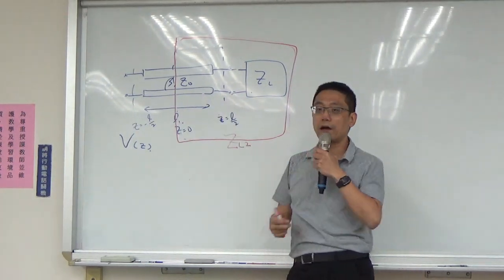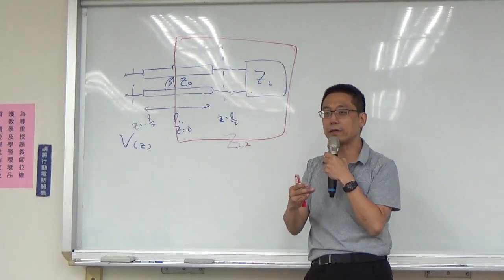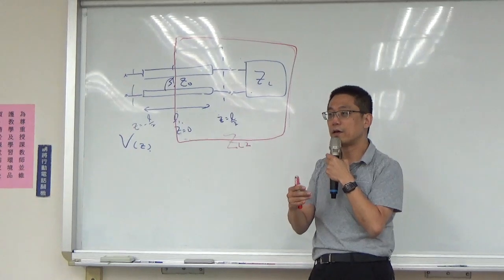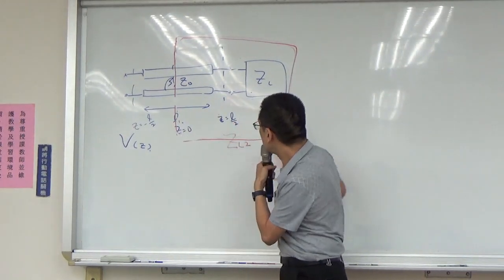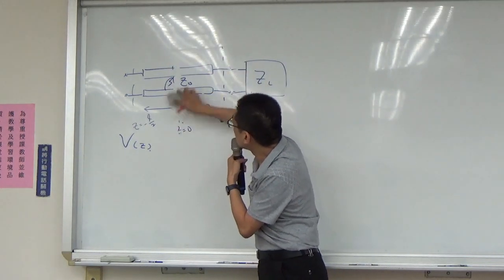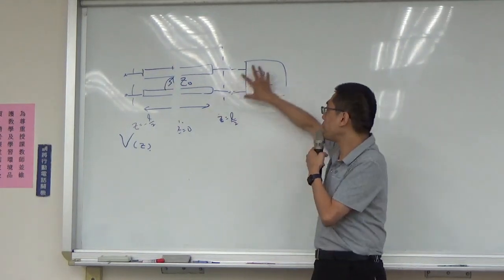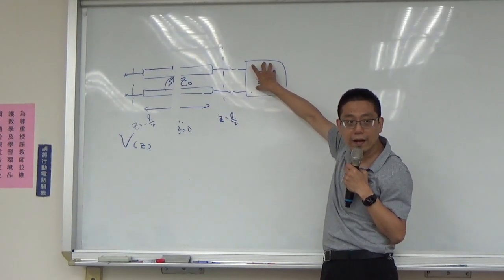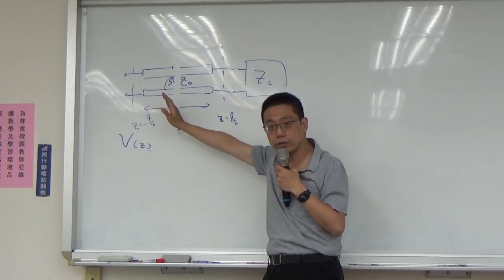It depends on how I define it. For this example, let me go back to the original one. I focus the question on some unknown load connected to my transmission line.